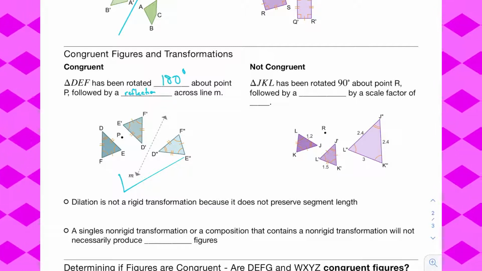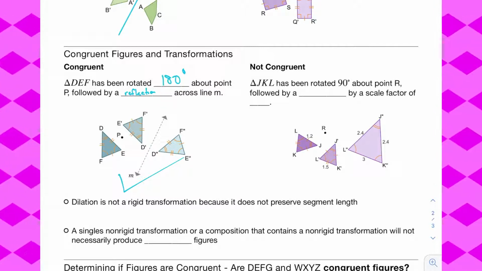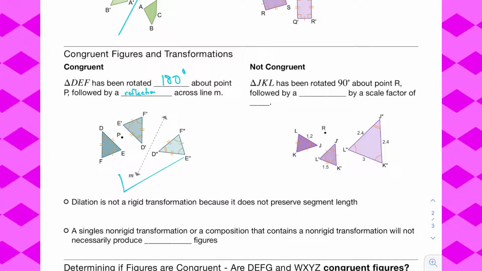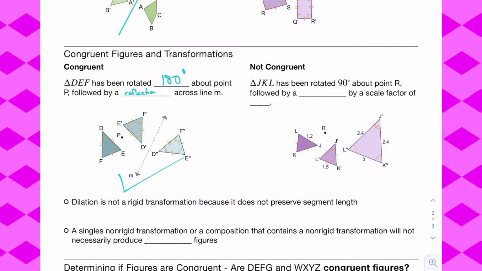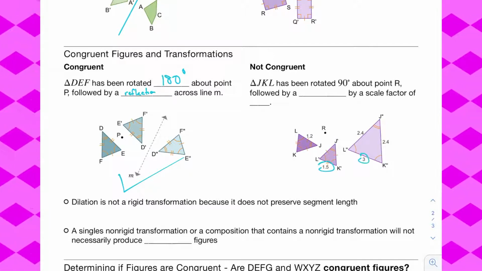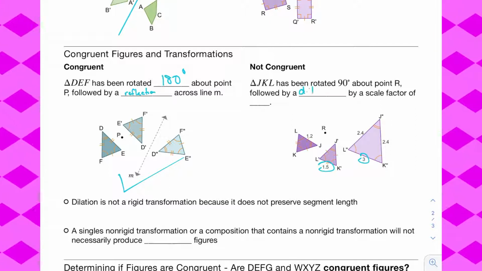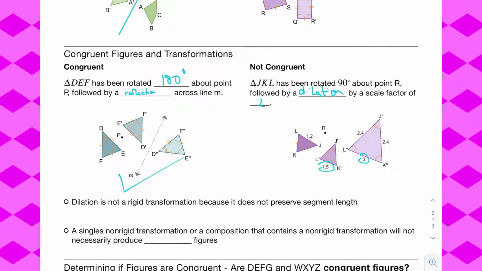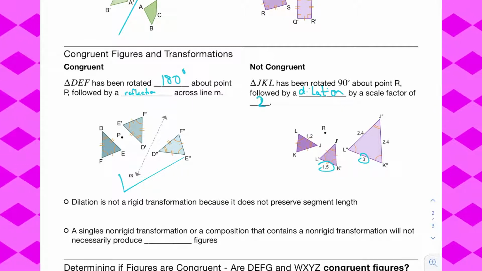If we look at this next one, though, JKL, well, first it was rotated. Rotation does preserve shape and size, but then it's been dilated. We can tell it's been dilated because our side lengths got bigger. We went from 1.5 to 3, so it was a dilation by a scale factor of 2. It got made twice as big.